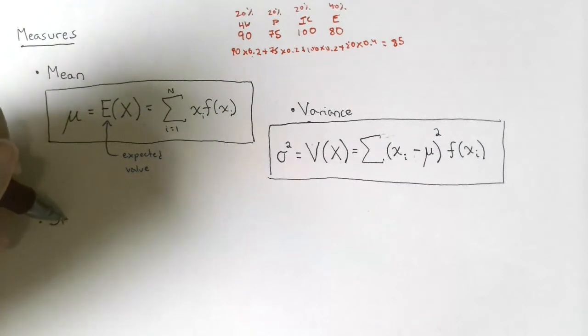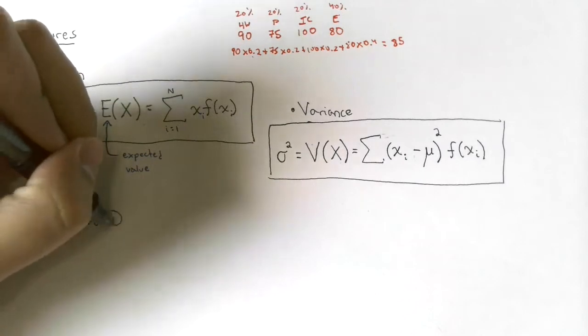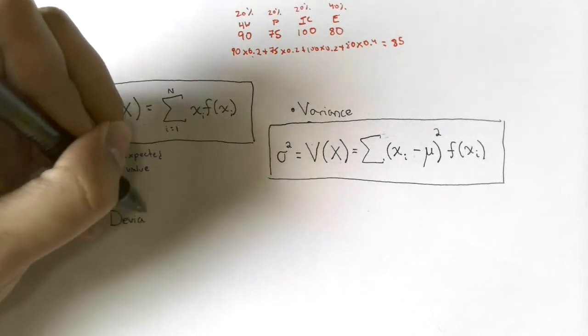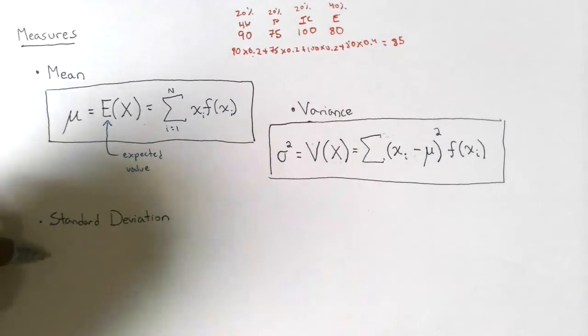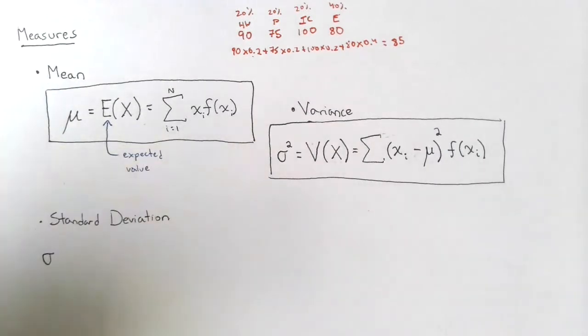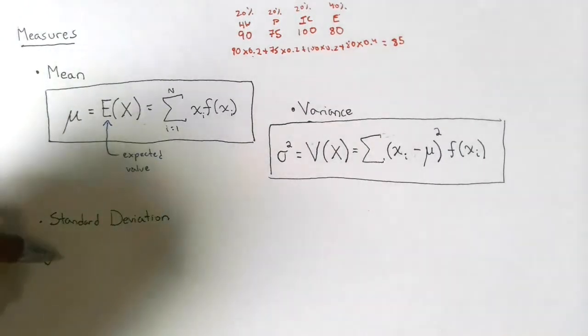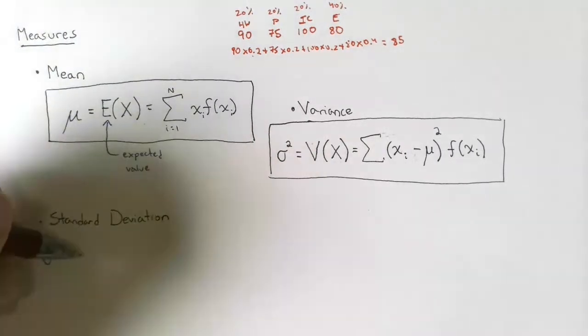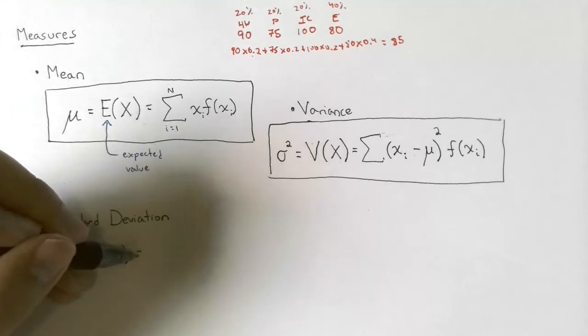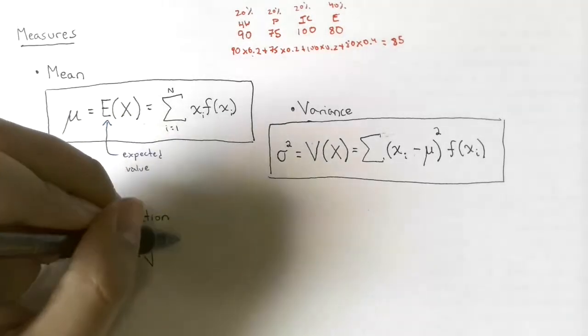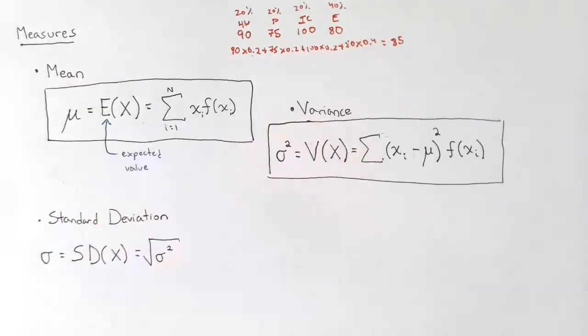So we mentioned that the variance is the square of that dispersion. But then the dispersion itself is what we call the standard deviation. Now, the standard deviation is identified as a sigma, and sometimes we call it a function SD. All it is is just the square root of the variance.